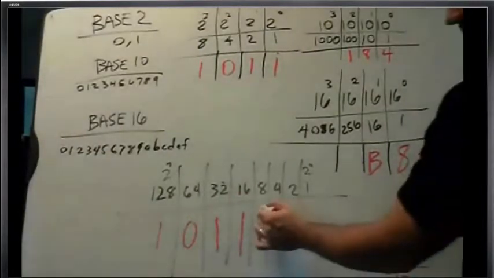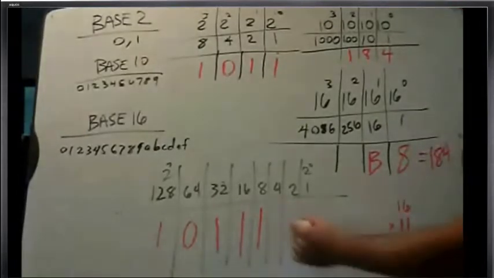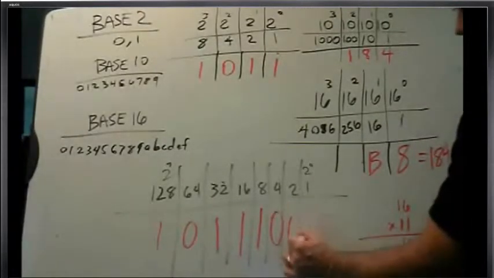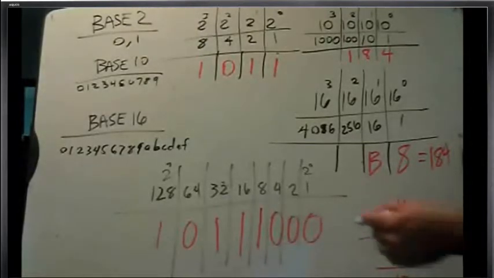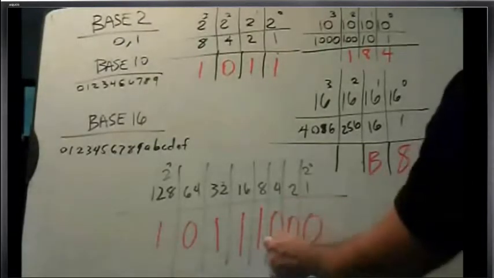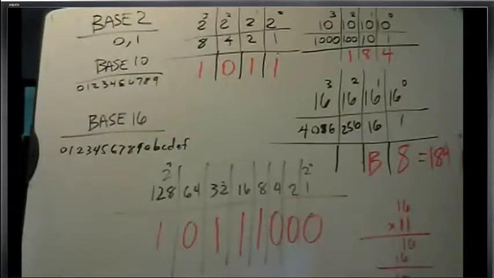How many 8s? 1. That's 184. So the rest are going to be 0. So 10111000 is 184 in binary, and so now we've written 184 in 3 different counting systems.